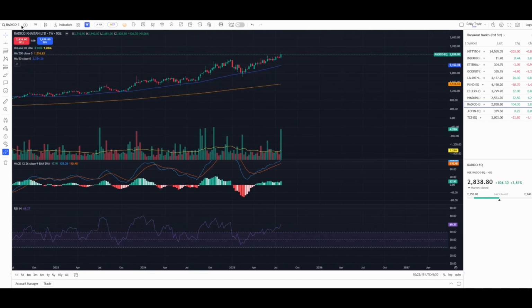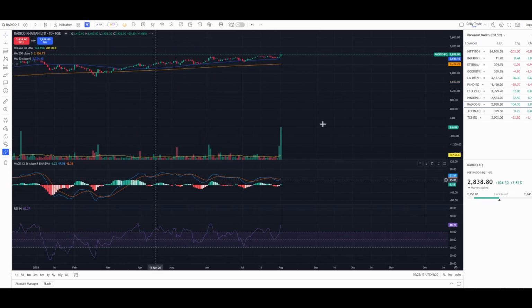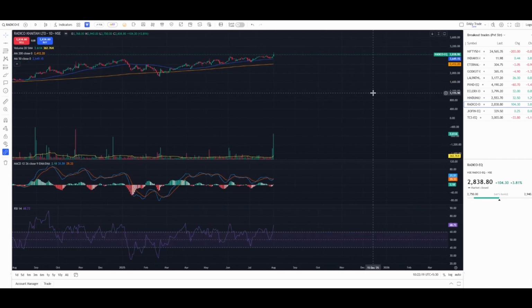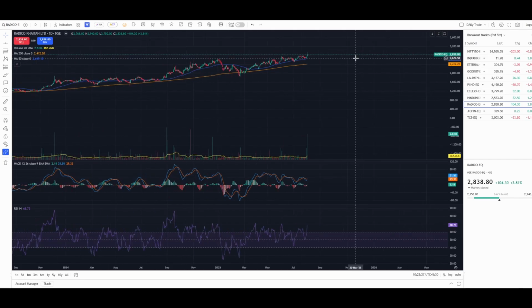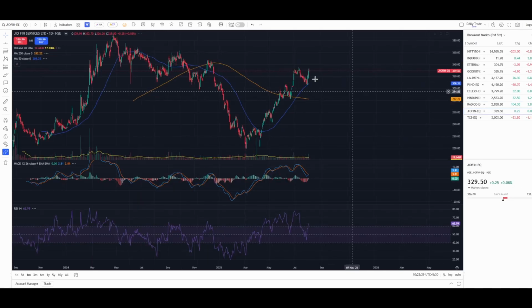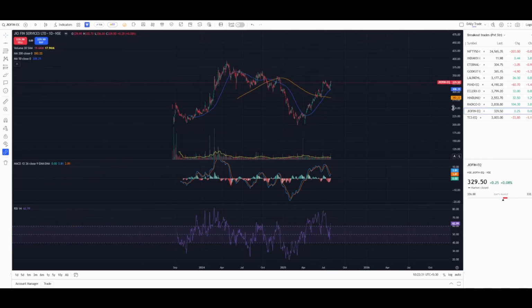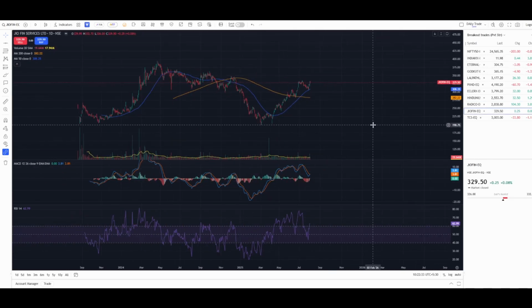There is nothing abnormal in this stock, so it is going as per the market. There is nothing to trade here. You can trade intraday, but there is nothing to gain from here. This is a good stock.